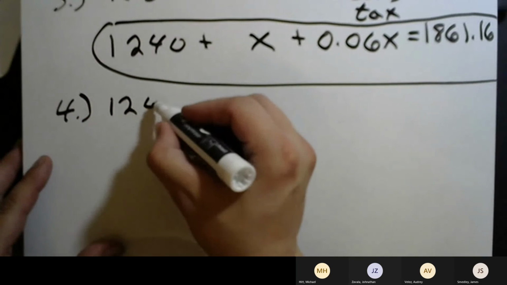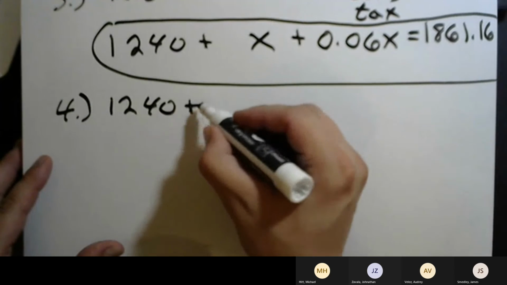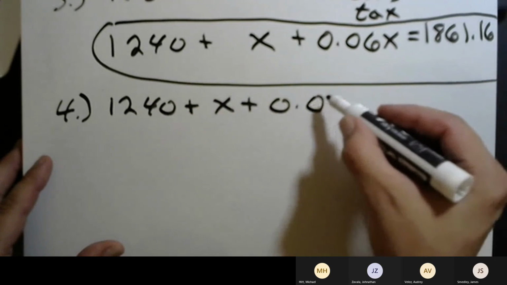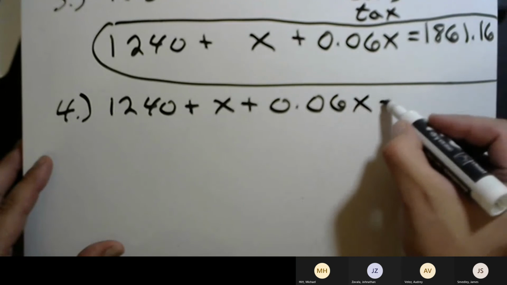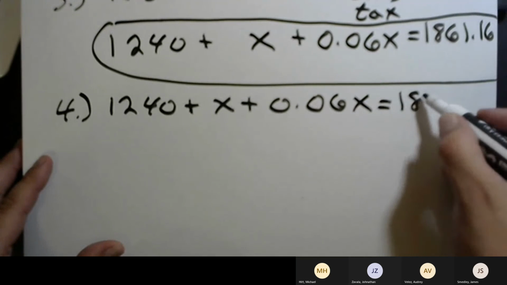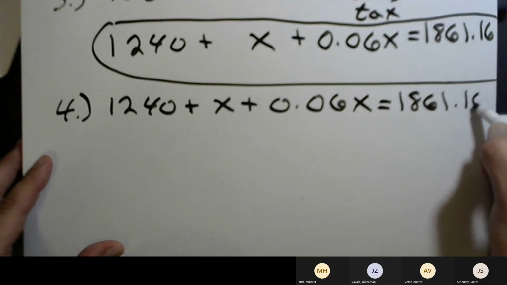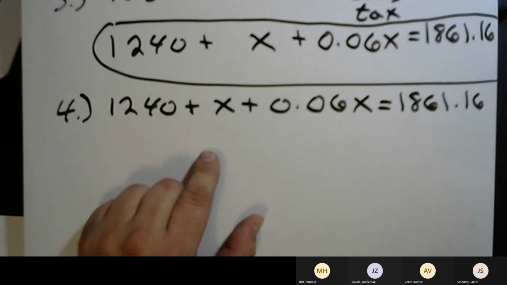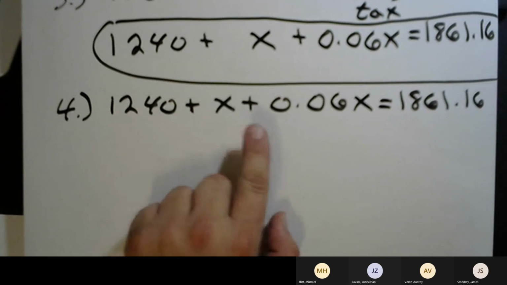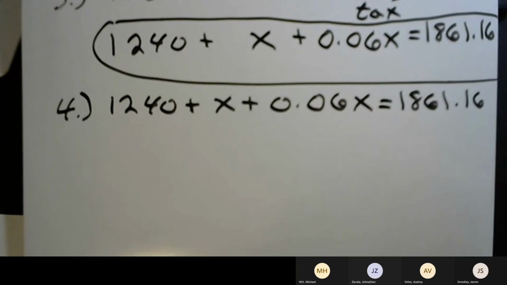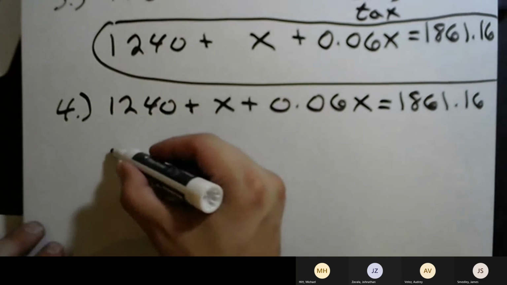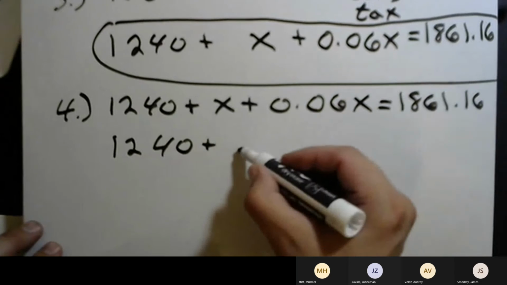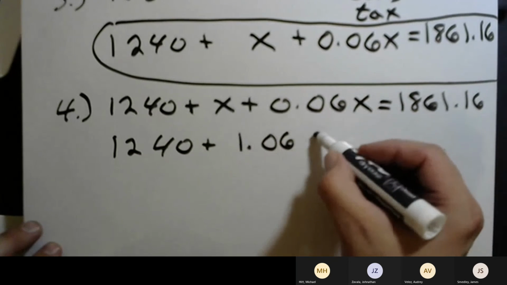So now we got to solve this equation. Got to combine like terms. We have 1x and 0.06x. So the x terms become 1.06x.